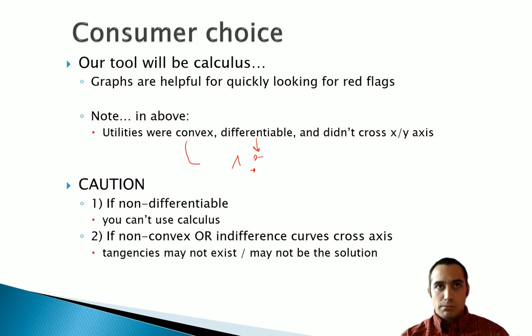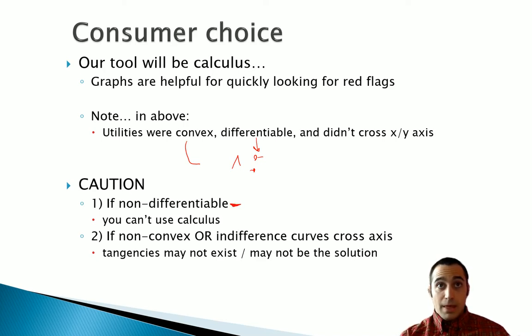So, caution. If you're looking at a graph for an indifference curve for a consumer demand problem and you note that the indifference curve is not differentiable, you can't use calculus. The calculus tools that we learned will not help you. Instead, you should rely on the other tools you'll learn to deal with those cases.